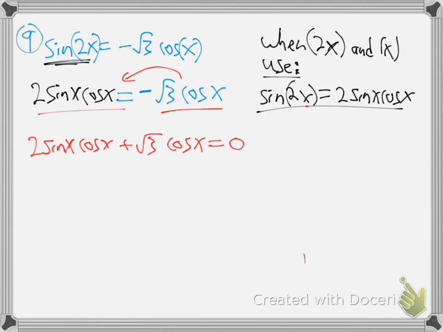All right, so now we're to here. And can you finish it? What do these both have? Cosine. Take it out. Parenthesis.